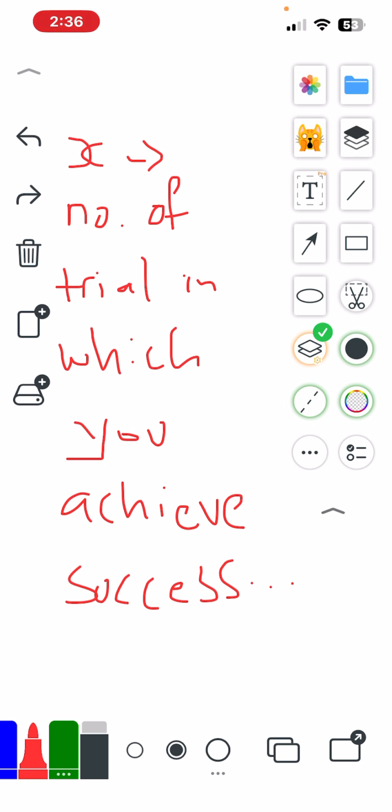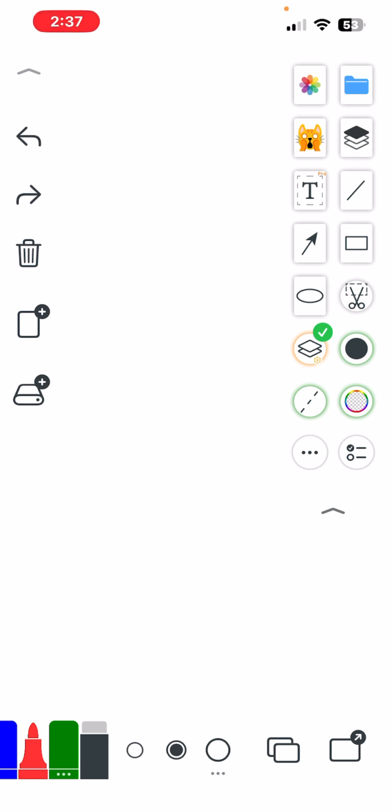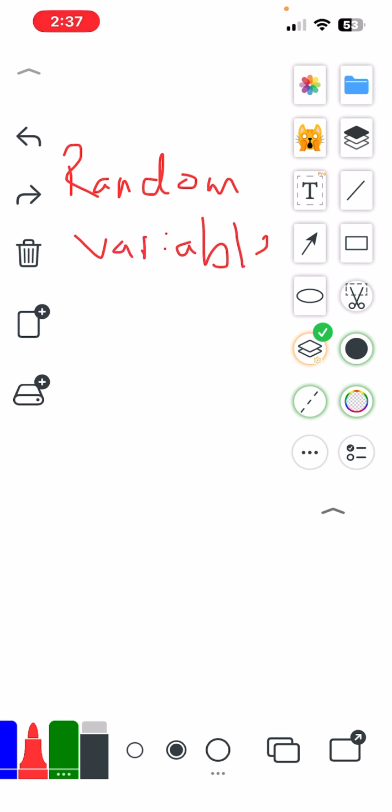Further down, you have the random variable being discrete. The question is, what is the probability that the first success will be on a certain throw?